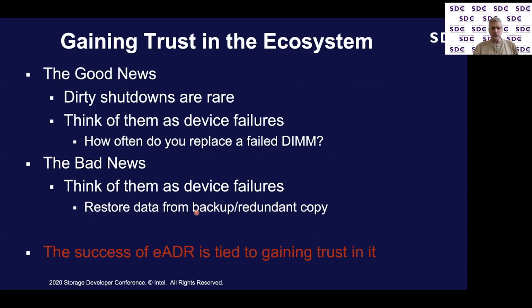You have no idea which things got flushed and which didn't, and all ordering information between the stores has been lost. So it is bad news when it fails. It does mean that your data is gone. You should be restoring it either because you've been doing things like some sort of RAID or erasure coding to maintain a redundant copy, or because you keep a backup snapshot every now and then, however you want it.